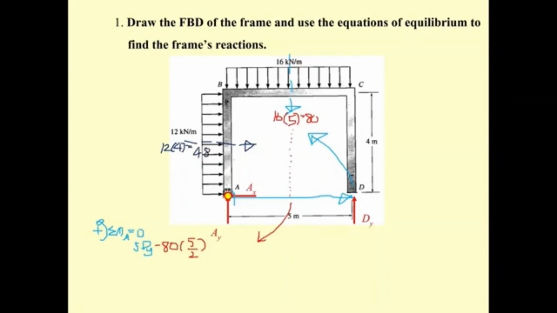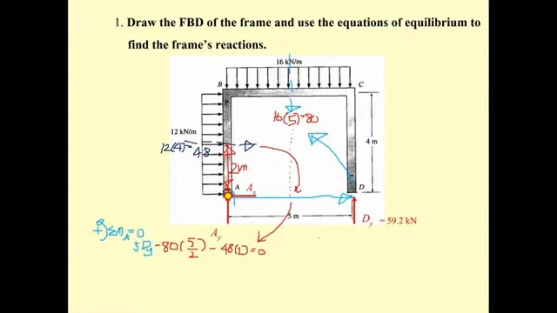And then the distance between this resultant force and the rotation point is going to be 2 meters, and also it's going to rotate like this, so it's going to be minus 48 times 2. Okay, and you may set this equal to 0, and you do the computation, you will get the D sub y of 49.2.